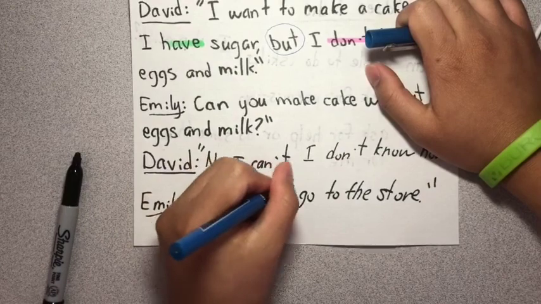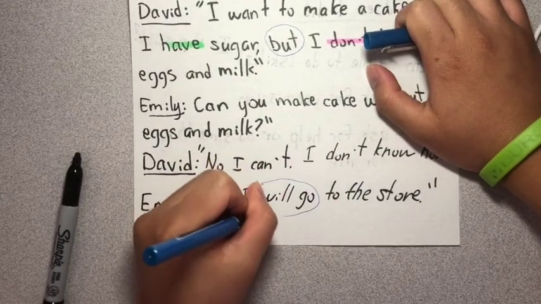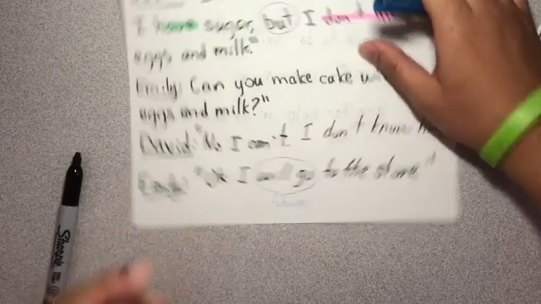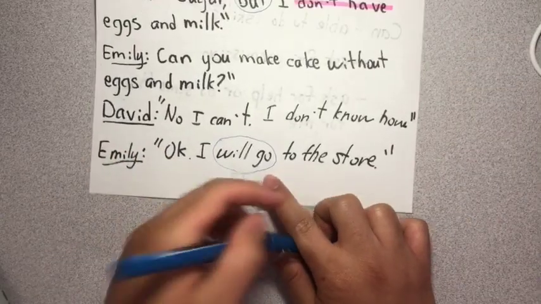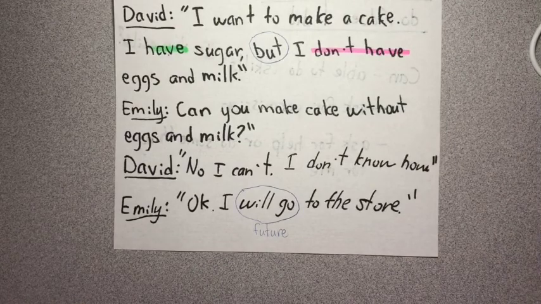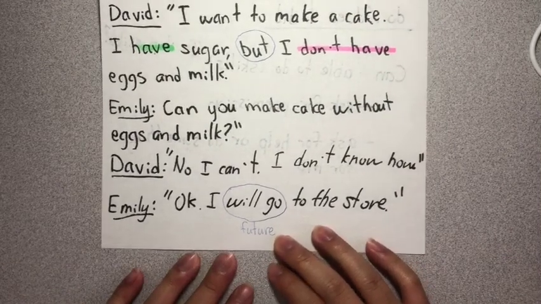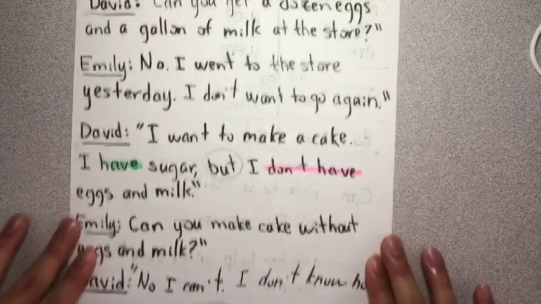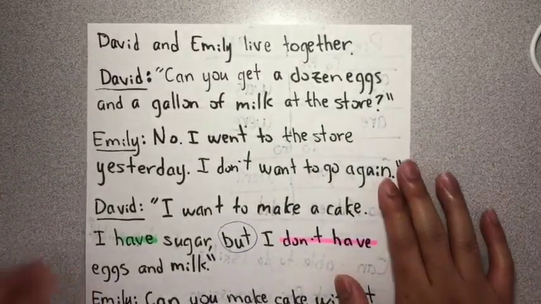Every time we have the word will, we are talking about the future. Something that happens later. Not now, but later. So maybe in 1 hour, maybe in 3 hours, I will go to the store. It means later. So let's read the story one more time.